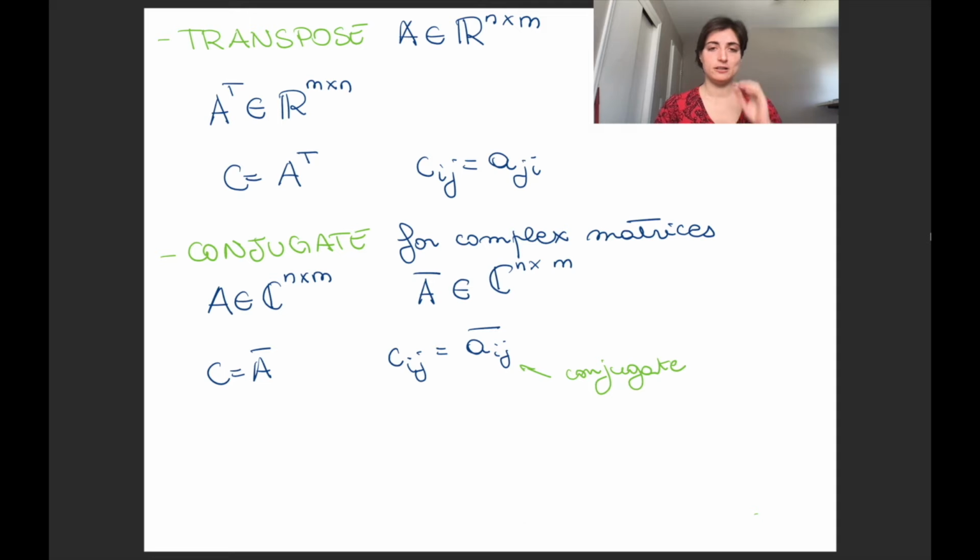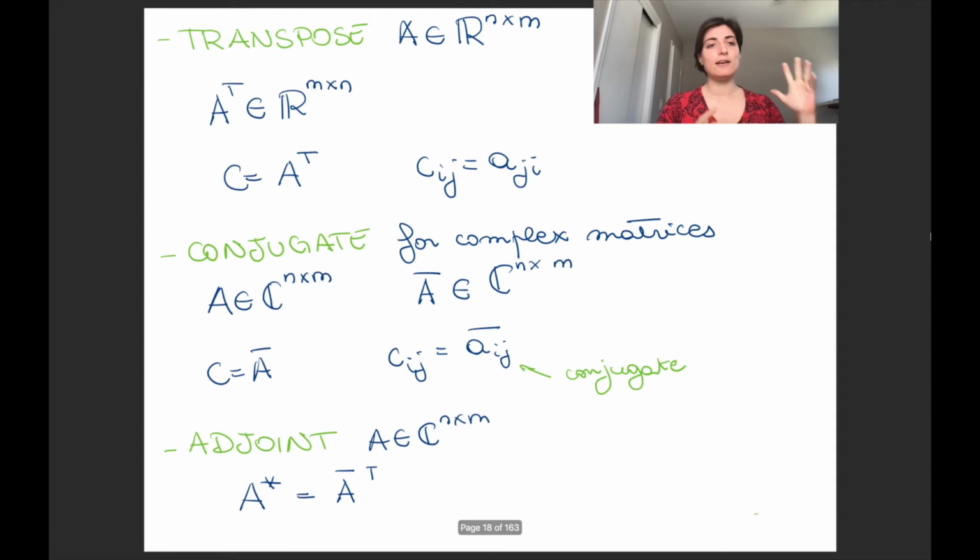The conjugate is something that we define for complex matrices and therefore for every matrix. For every element in the matrix, we take the complex conjugate. If we put transpose and conjugate together, we talk about the adjoint.